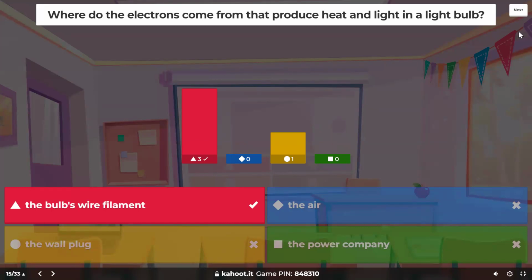It's the bulb's own wire filament. Now, if you're talking about a flashlight hooked up to a battery, that's basically true. If you run that flashlight for an hour, eventually the electrons are cycling around, maybe coming from the wires and from the battery. That takes a while. But second by second, you're just looking at the electrons that are in the filament.